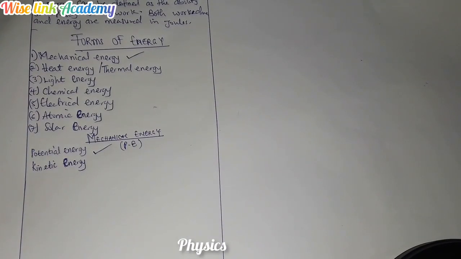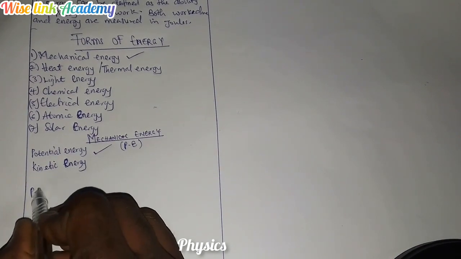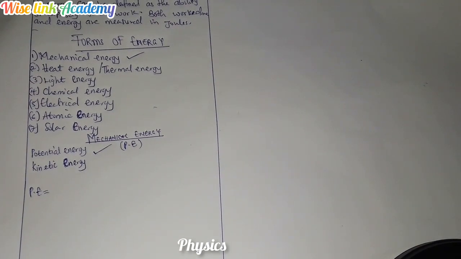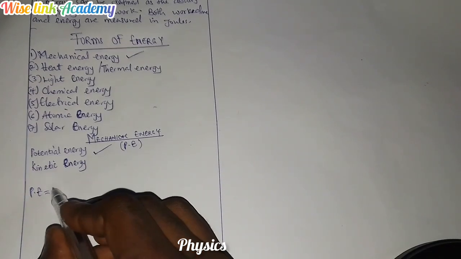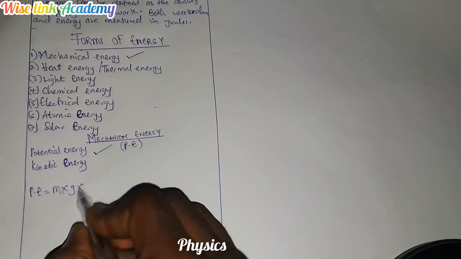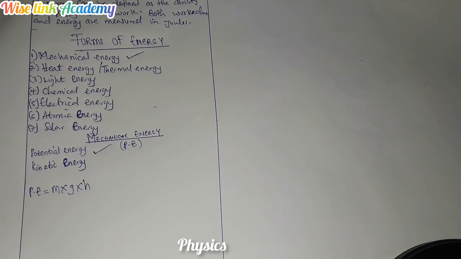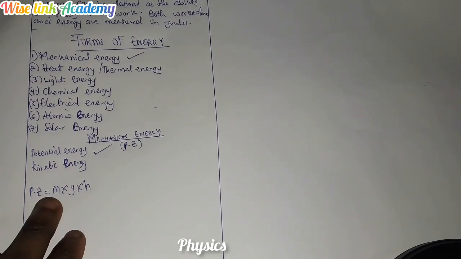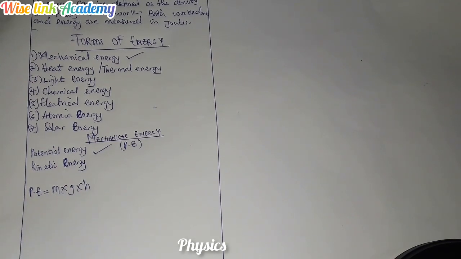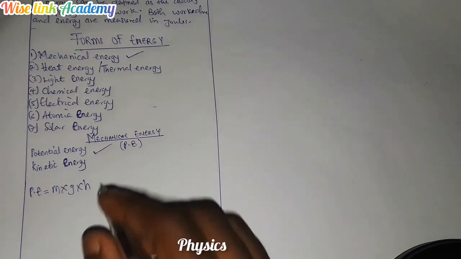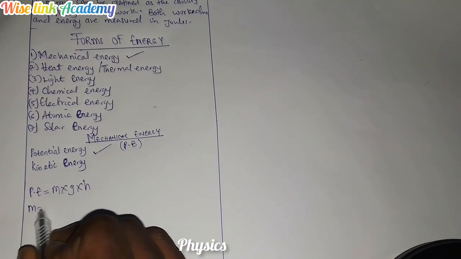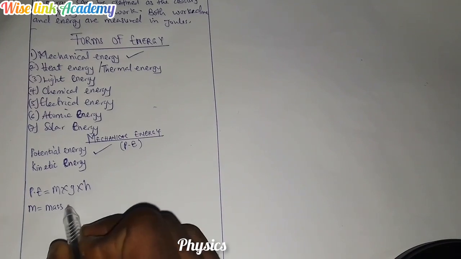Mathematically, potential energy is equal to mass times gravity times height. Whenever you hear the word calculate the potential energy of a given object, the formula that will come to your head is mass times gravity times height. Note that m is mass in kg.